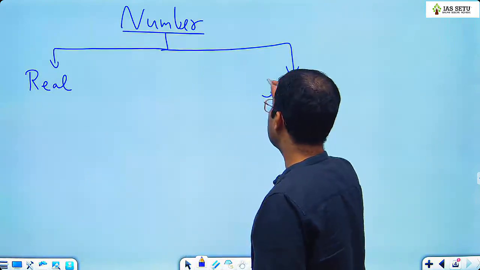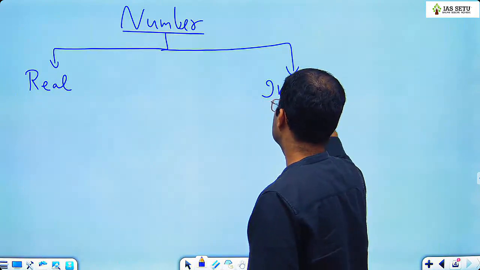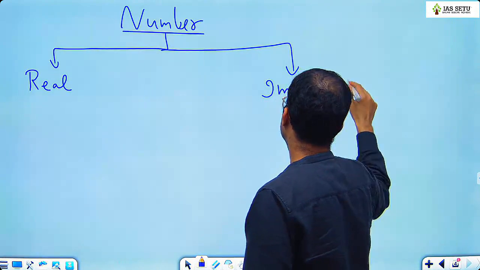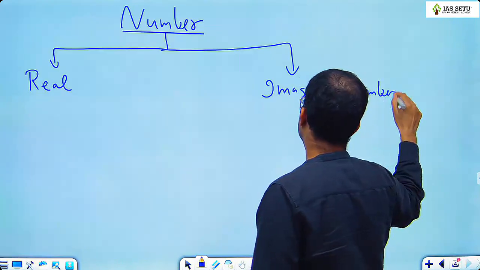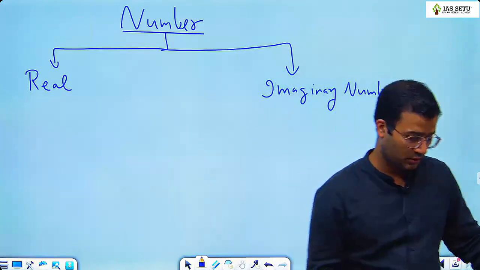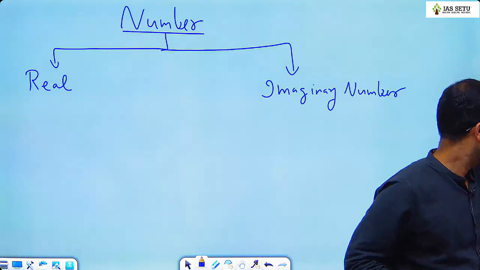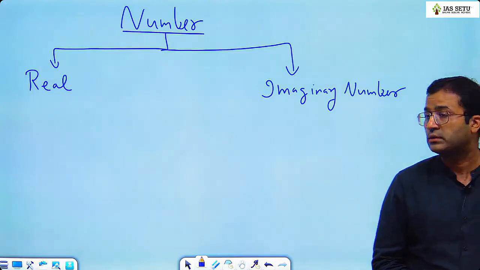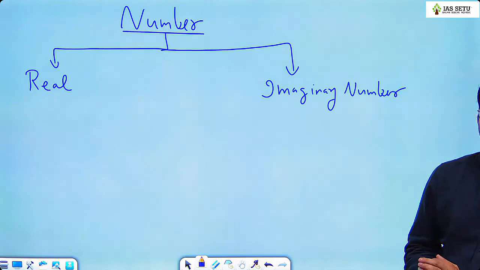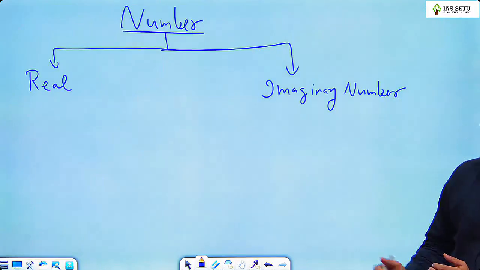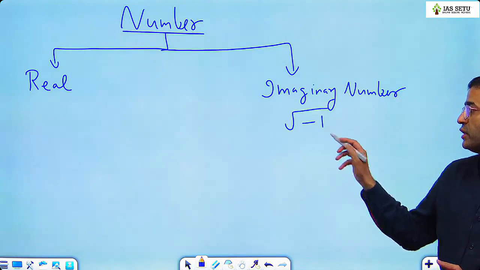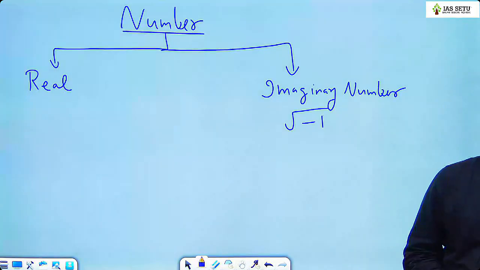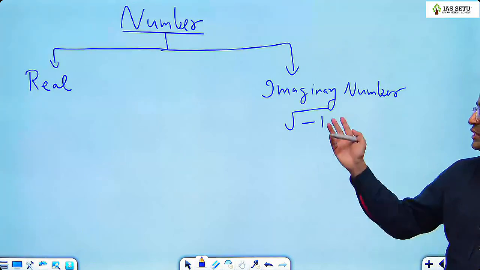Here we have imaginary numbers. Imaginary numbers are like under root -1, under root -2, under root -3, under root of a negative integer. These are called imaginary numbers.